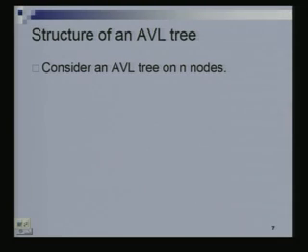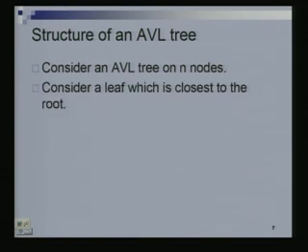Okay, so let us look at the structure of an AVL tree in a little bit more detail. I once again have an AVL tree on n nodes. Now let me take the leaf of this tree which is closest to the root, which means whose level number is as small as possible, the smallest amongst all the leaves.